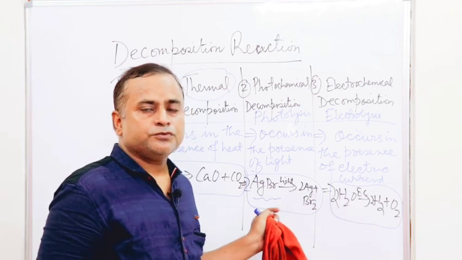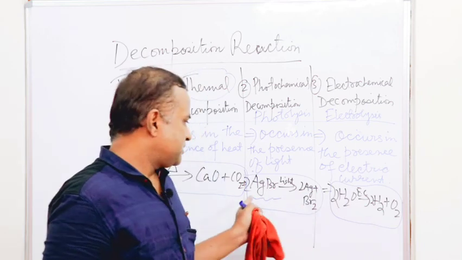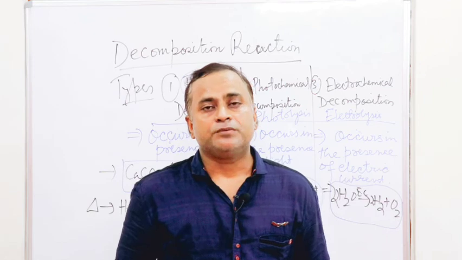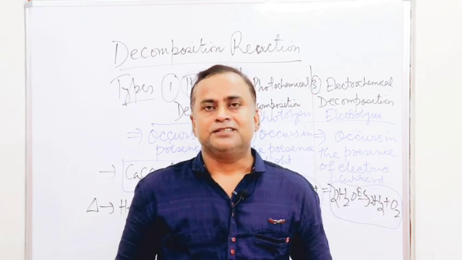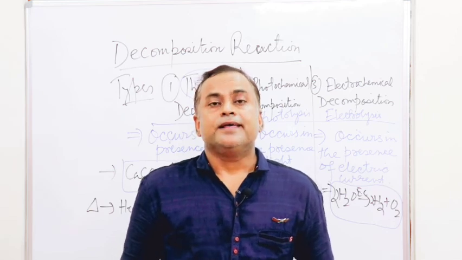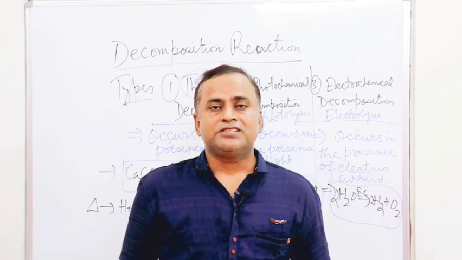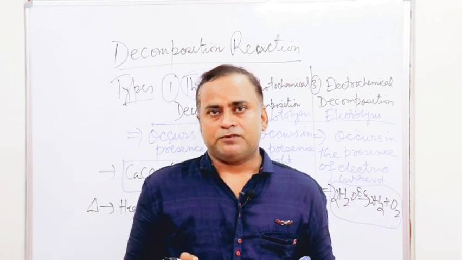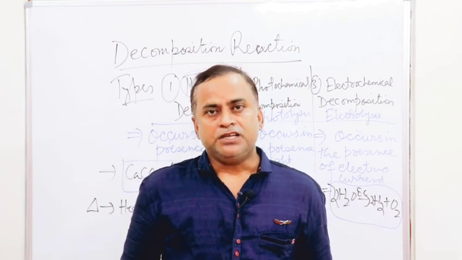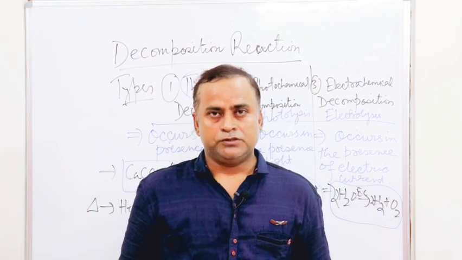If iodine was present, we would call it iodide. So these silver halides are kept in dark brown bottles. The question is why? The answer is these silver halides are photosensitive. That is, in presence of light, they break up. So to prevent this from happening, they are kept in dark brown bottles. So that's all.